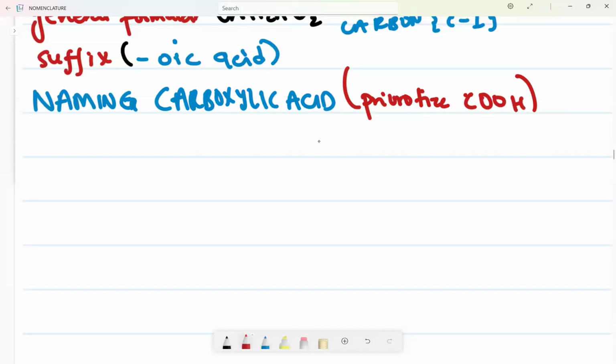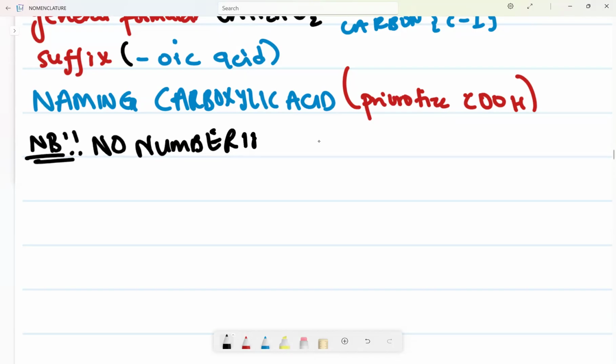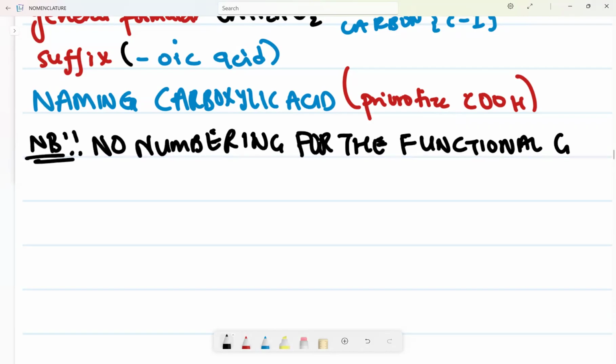No need for numbering for the functional group. Remember, if it is on the terminal carbon, there's no need to say butanoic 1 acid, because it is always on the first carbon.